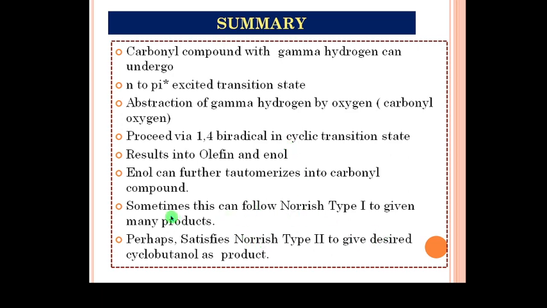And if the gamma hydrogen abstraction does not take place, in such cases, as I already pointed out, Norrish type 1 goes. Otherwise, this reaction proceeds via your Norrish type 2 reaction and gives you the desired product of cyclobutanol and enol as well as olefin.